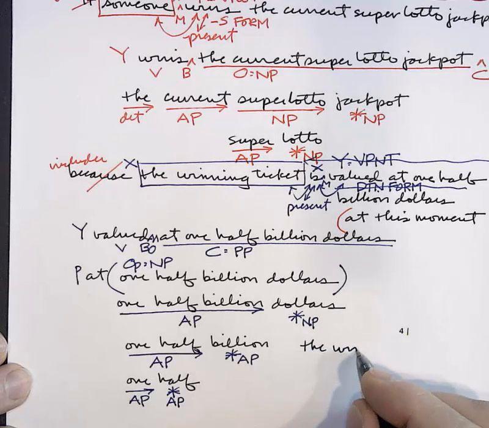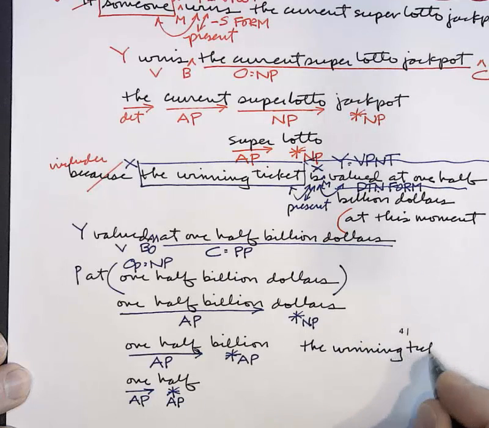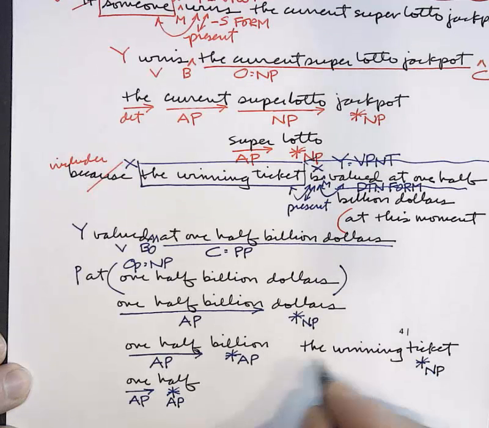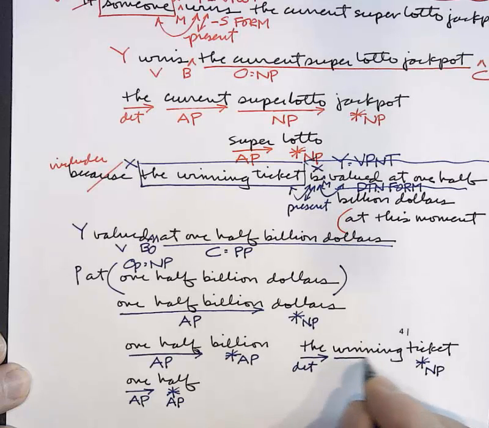The winning ticket. And ticket is the noun phrase head. The is a determiner. And winning is a verb phrase, no time. It's the ing form. And the last one is the end shifter.